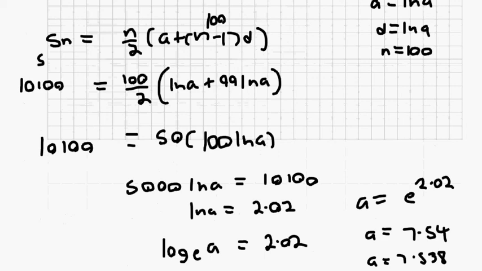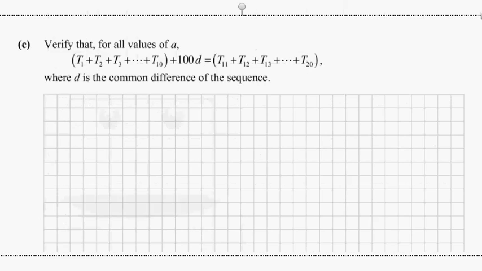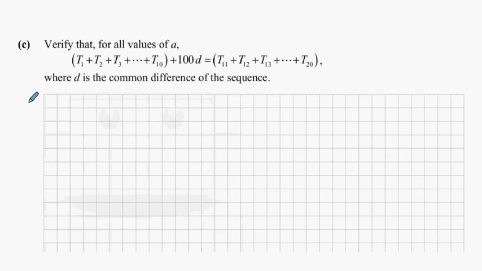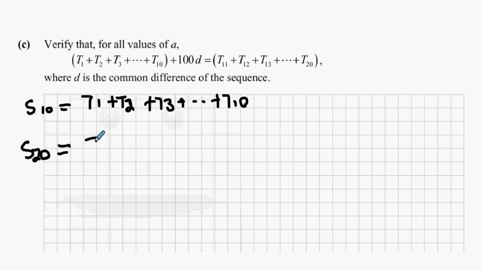Okay, next part on. Verify for all values of a that T1 plus T2 plus T3 plus up to T10 plus 100d equals T11 to T20. So this is not the worst one in the world. If I ask you for S10, it will be T1 plus T2 plus T3 plus dot dot dot T10. If I ask you for S20, it'd be T1 plus T2 plus dot dot dot T20.